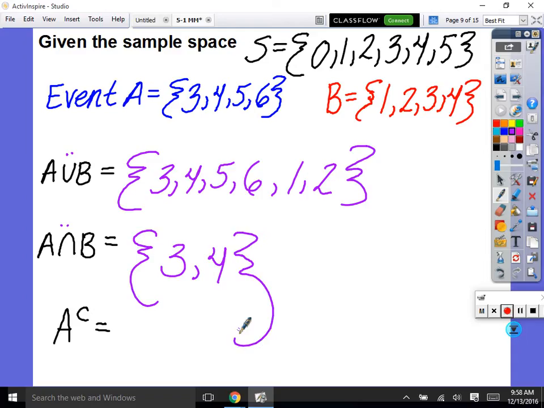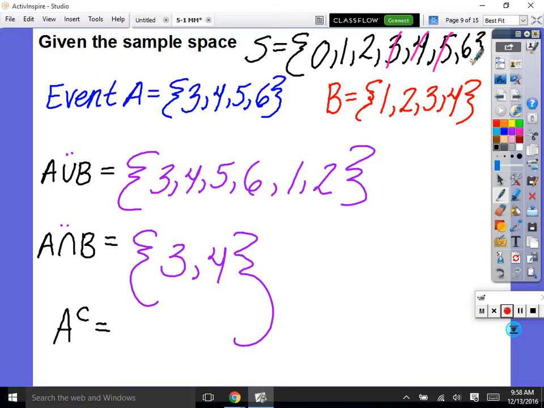A complement means everything that's not in A. That has nothing to do with B. Look at the sample space. Everything that's not in A. A complement. So what's not in A? Well, A has a 3, a 4, a 5, and, oh, I said 6. So 6 must have been intended to be up here in my sample space. Sorry about that. Okay.